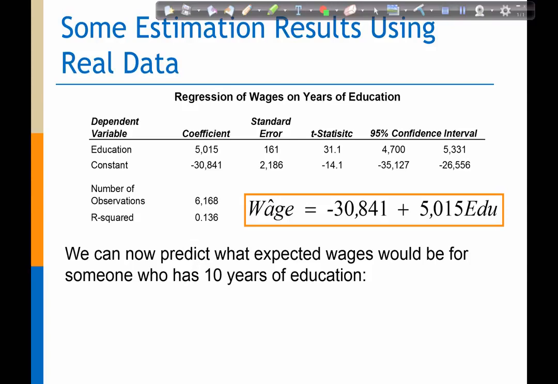Okay, so if I wanted to predict what expected wages would be for someone who has 10 years of education, I would simply plug in 10 for education, and out would pop an estimated wage. So you would do the calculation as follows.